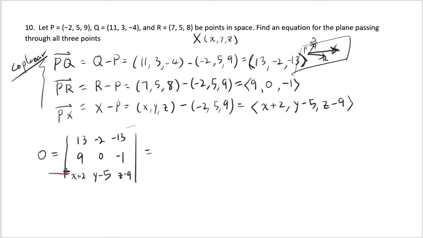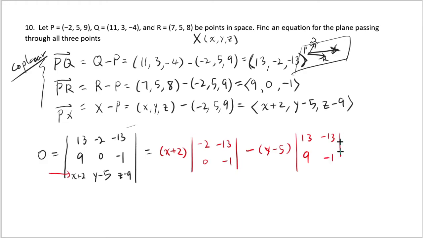So x + 2, deleting the column and the row for that, you get -2, -13, 0, and -1. Then remember the checkerboard of signs is plus, minus, plus, so you need a minus, and then you get 13, -13, 9, and -1, then plus z - 9, and then you get 13, -2, 9, and 0.